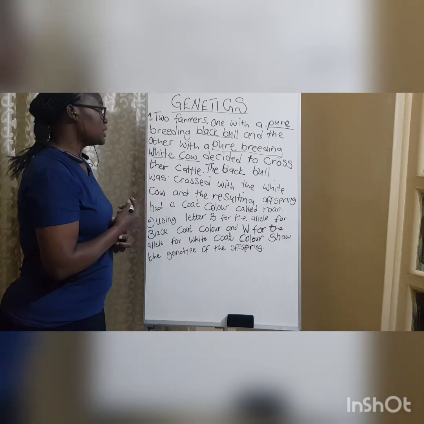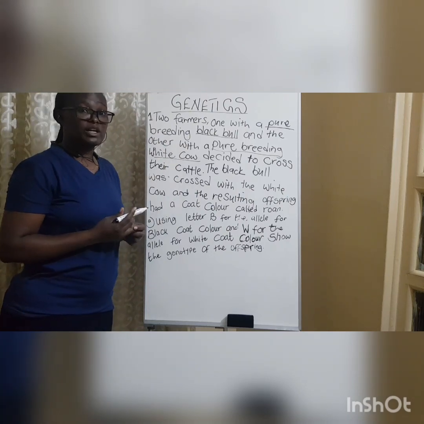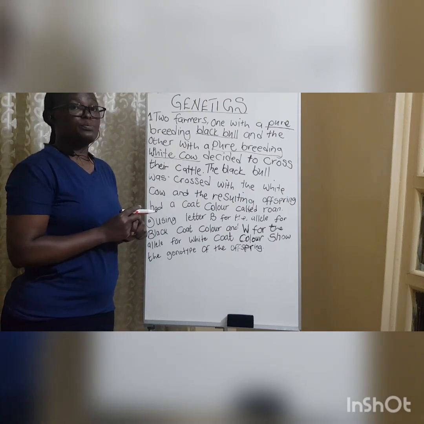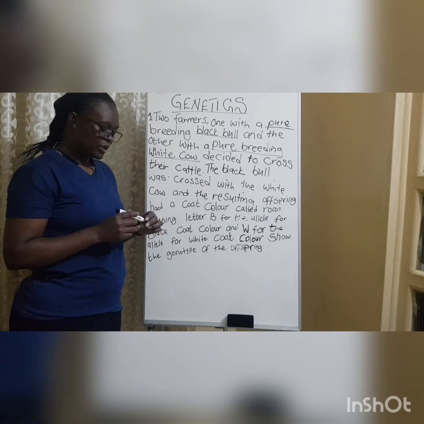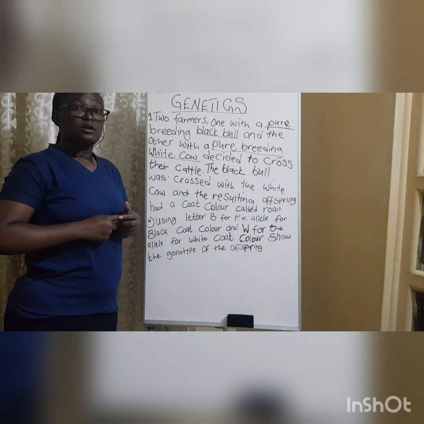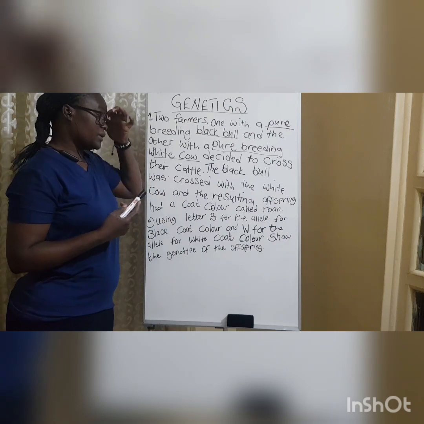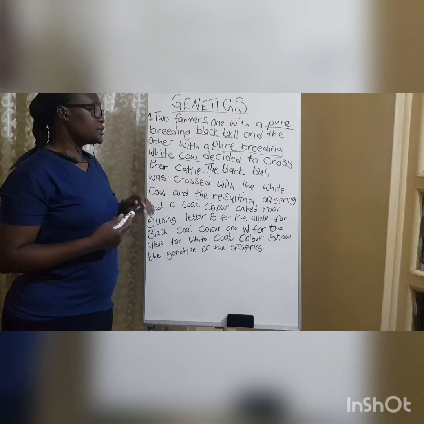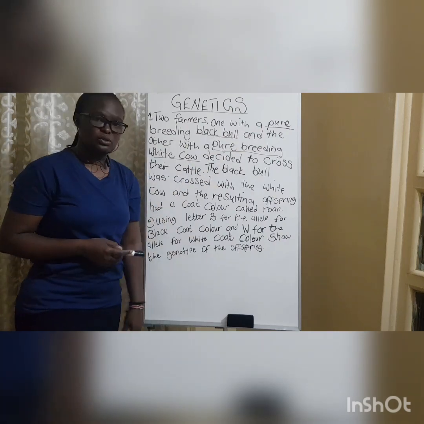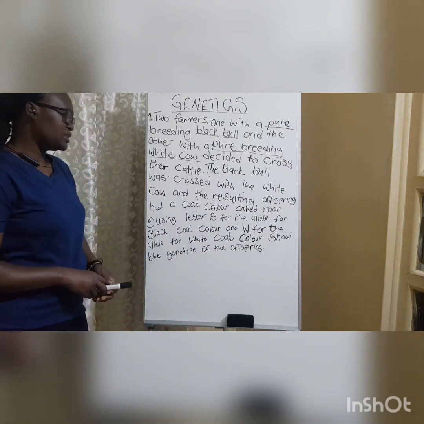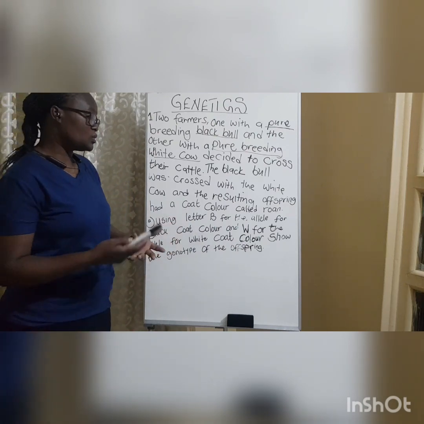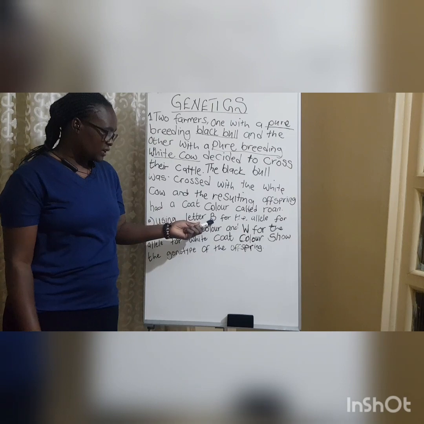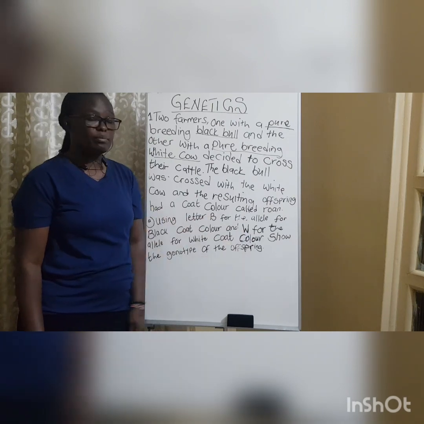So this means that these two are dominant because they have said pure. So both of them are co-dominant. That's what we can say. Since these are pure breeds, we need to use capital letters, and at least in this question, they have even given us capital B, capital W.